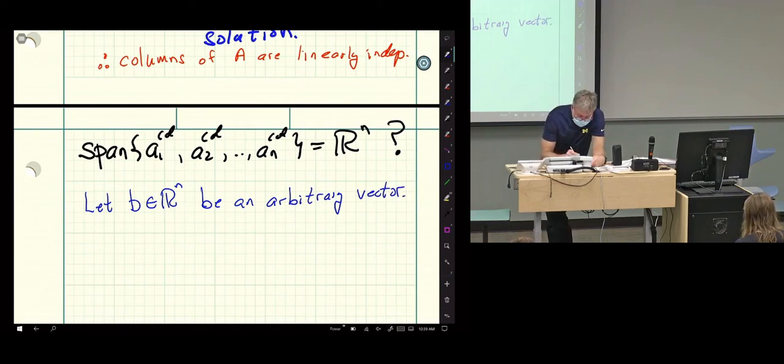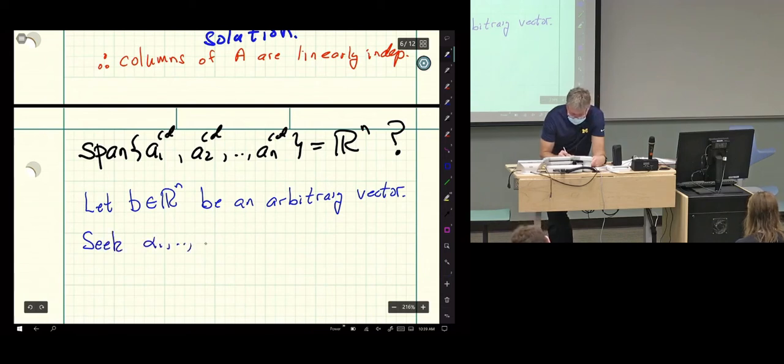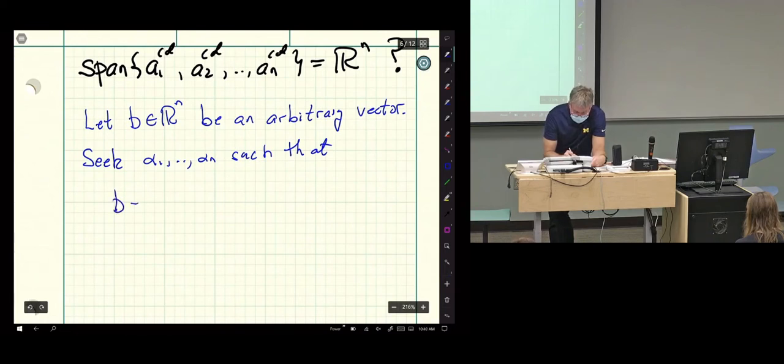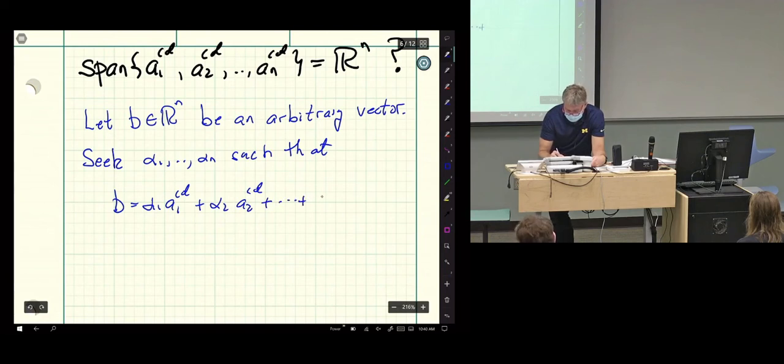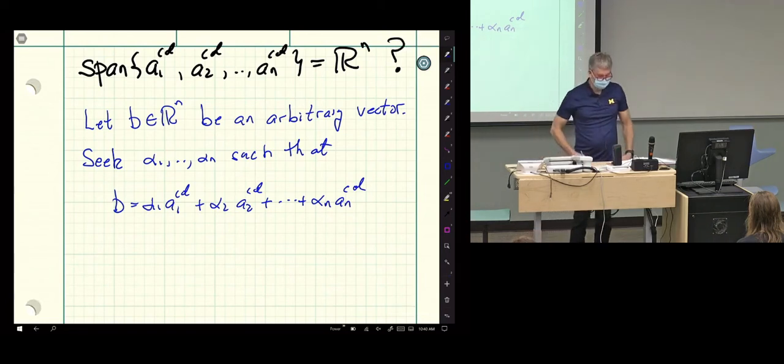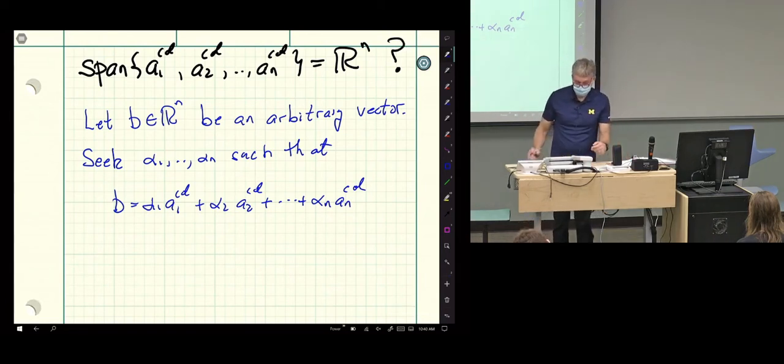We seek coefficients alpha 1 through alpha n such that we can write B equals alpha 1 A1 column plus alpha 2 A2 column plus dot dot dot plus alpha n An column. Why? Because that's the definition of something being in the span.